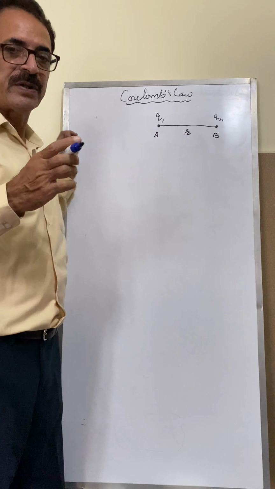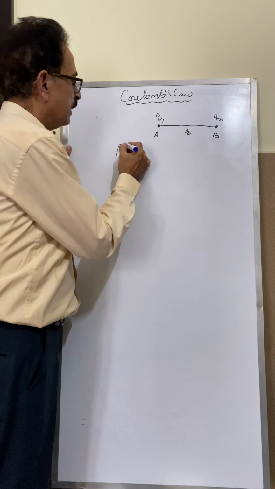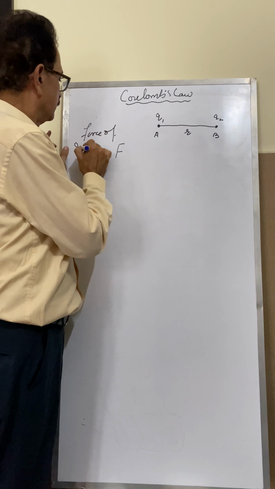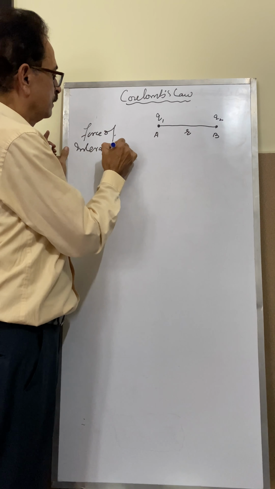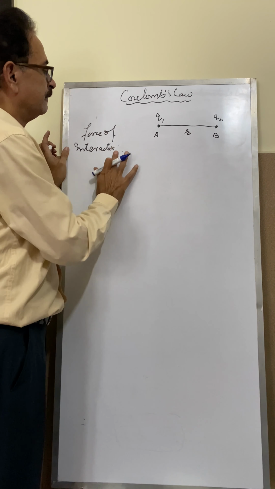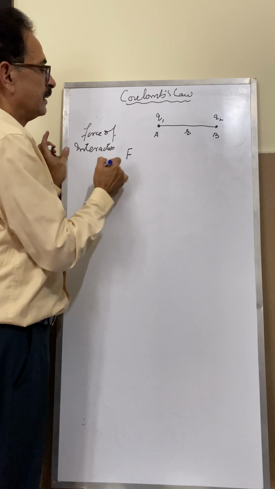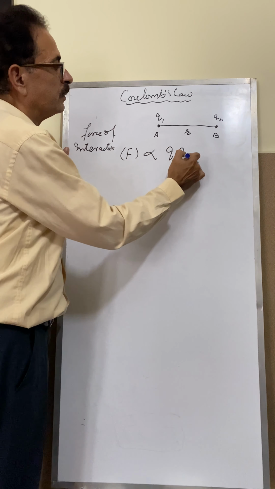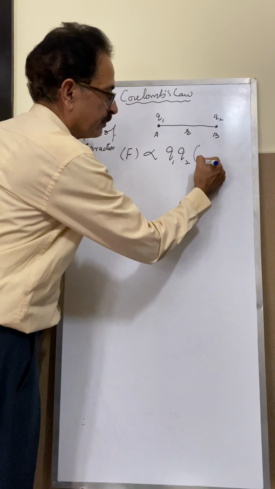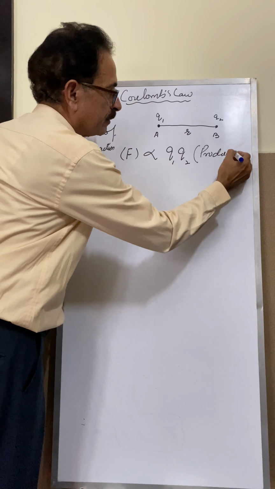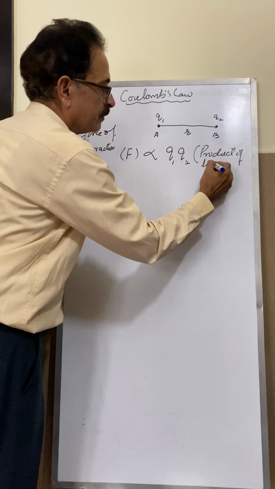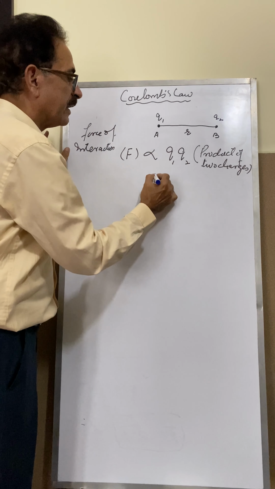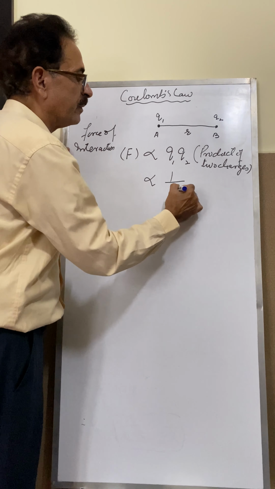The force of interaction F is proportional to Q1 Q2, the product of the two charges, and inversely proportional to the square of the distance between the two charges.